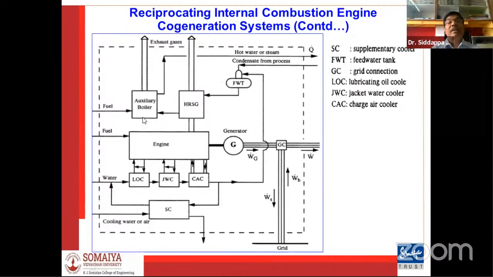Then the auxiliary boiler produces more heat, and the output we take for different applications, and you get a hot source of energy that you can use as a heating system.